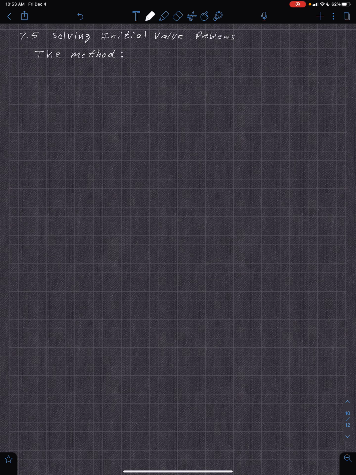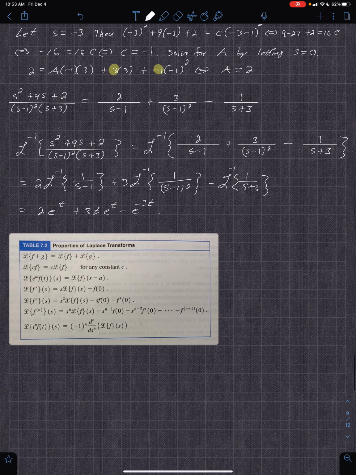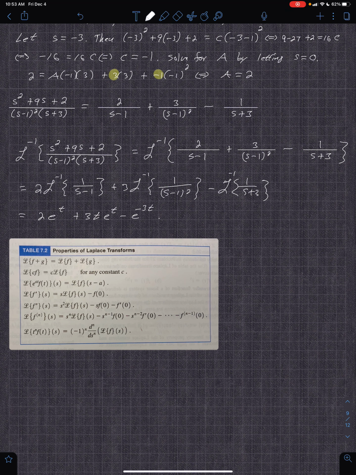So just to recap a little bit, actually, going back to here, this was the inverse Laplace transform, basically to get to this form, this solution. And so when you have your function in this form, then the inverse allows us to go back.